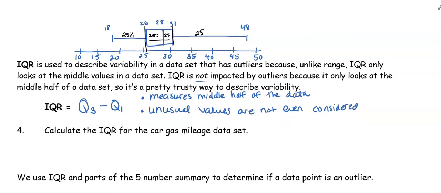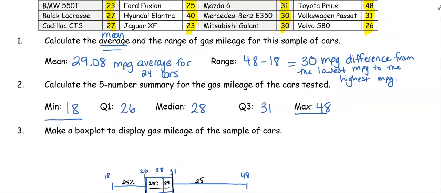So to calculate the IQR for the car gas mileage data set, we have the Q3, which is 31, minus our Q1, which is 26. So our IQR value is 5. The middle half of the cars in the sample only range by 5 miles per gallon, which is really strange, because if we look at the range of all of the data, remember we did this up here, we found that the range for all of the data was 30 miles per gallon.